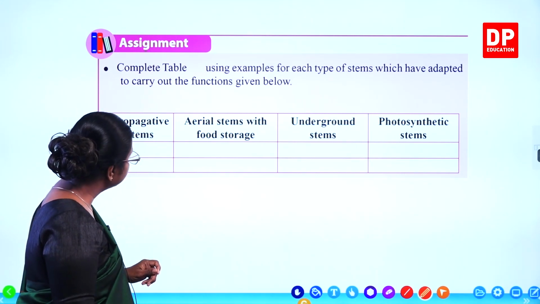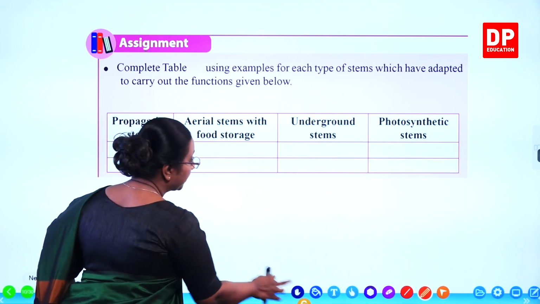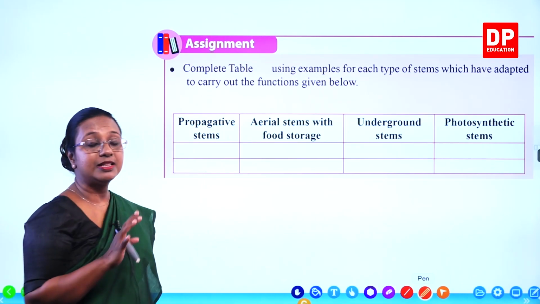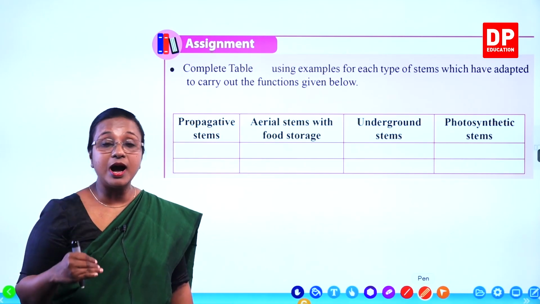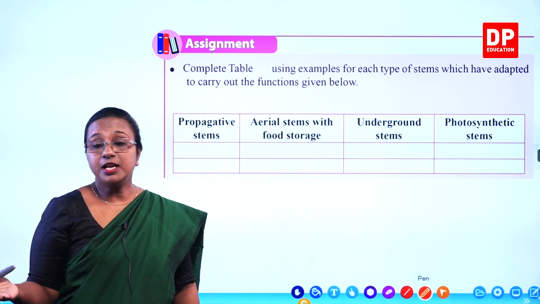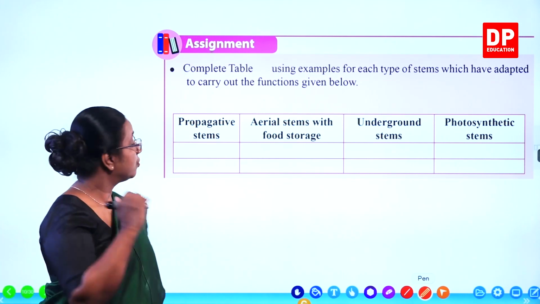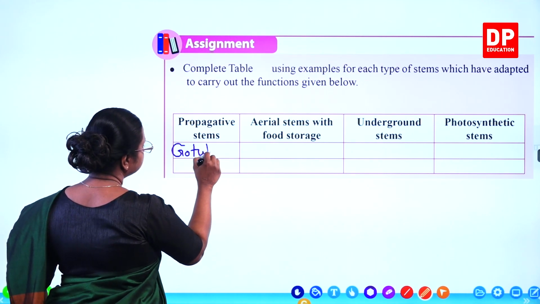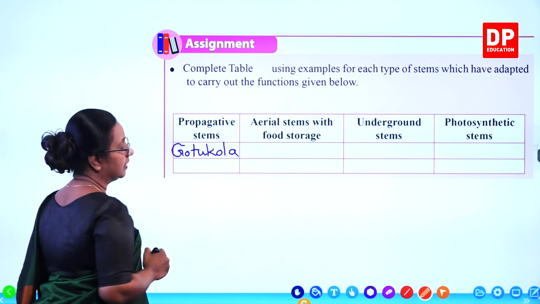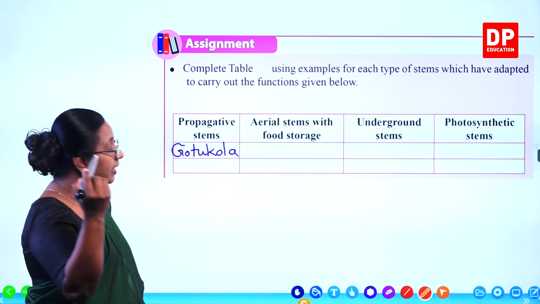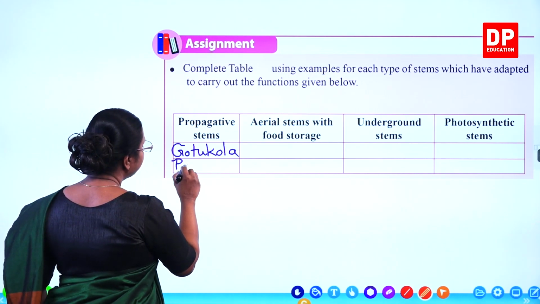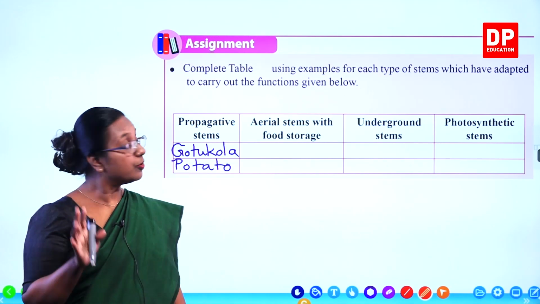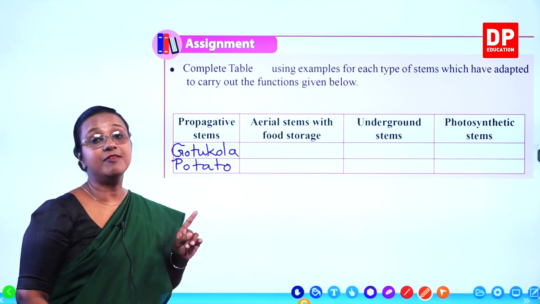So propagative stems. Now when they say propagative stems, they haven't said whether it's above the ground or underground. So you can write all those. What I will do is I will write one, gotukola, that is above the ground. Another example, I will write potato, that is underground. So both of them are propagative stems.